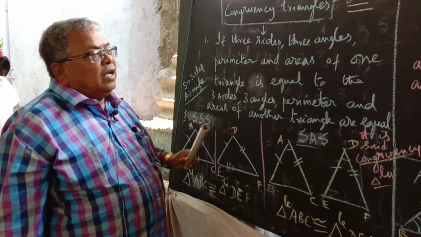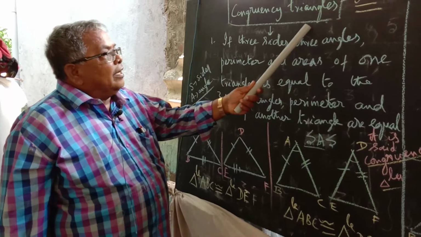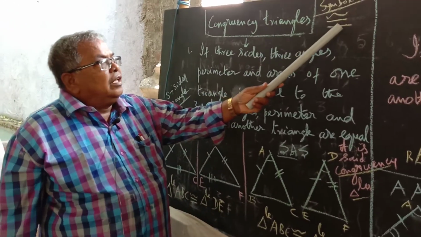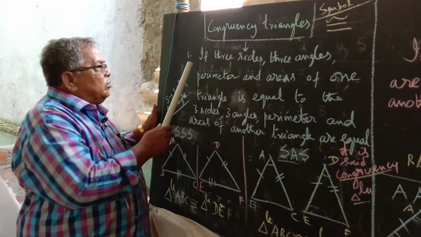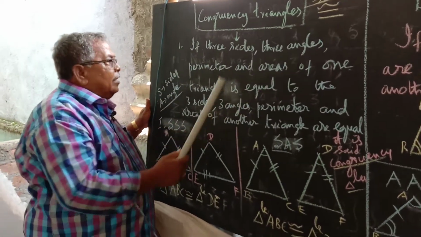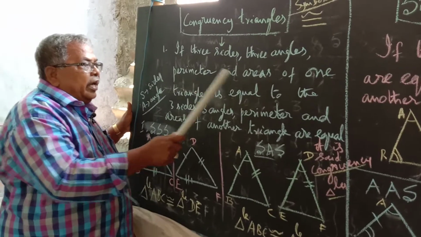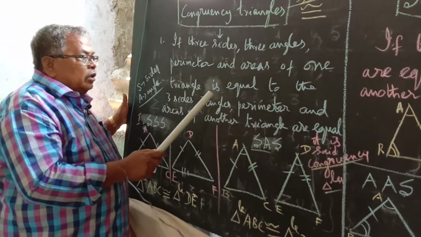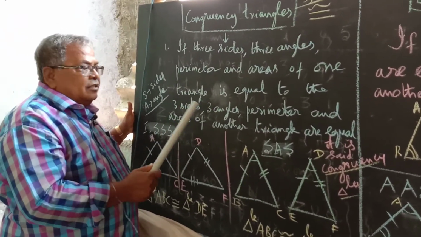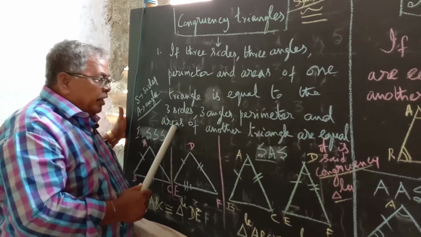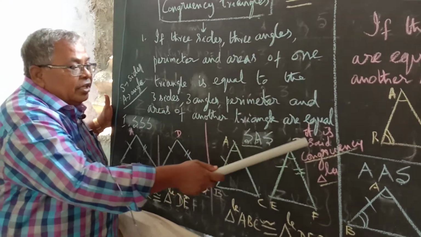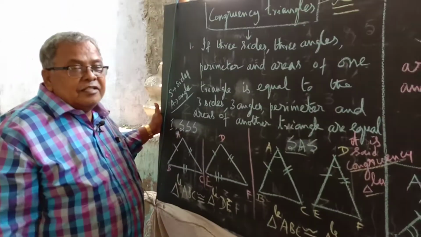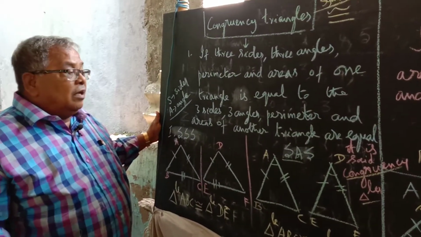First of all, let me take congruent triangles. The symbol for congruency is this one. What do we mean by congruent triangles? It means that if the three sides, three angles, perimeter and area of one triangle are equal to the three sides, three angles, perimeter and area of another triangle, then it is said to be congruent.